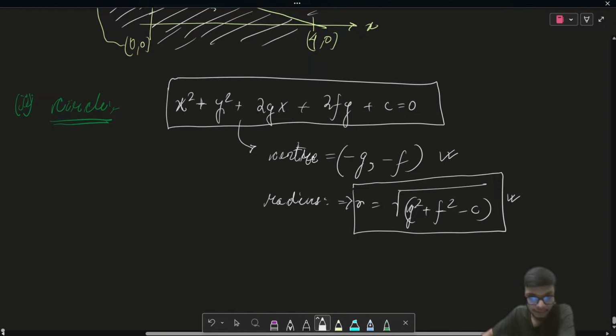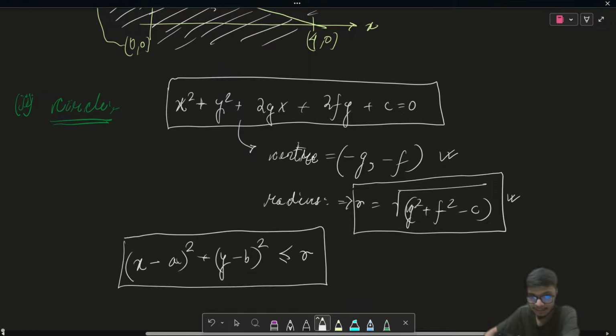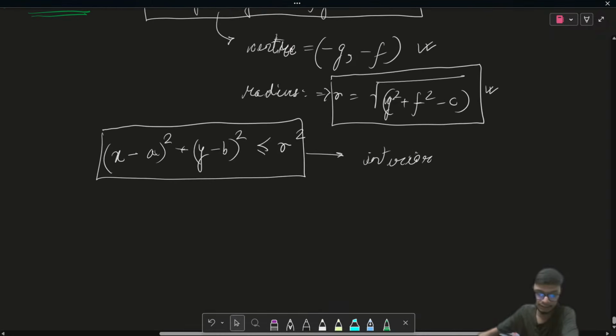Okay, so if I have a circle inequality like (x minus a) whole square plus (y minus b) whole square is less than or equal to r square, this implies that it's a circle of center a comma b and radius r, and this is the region which is interior to the circle. Okay, interior region of the circle.